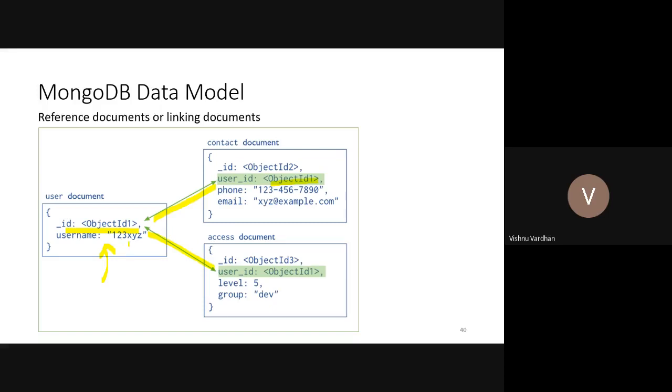Sometimes the data is more than you can put in a single document, and it has its own sense, so we should have a separate document. Then, to connect them in those scenarios, we put this underscore ID as a foreign key in the second document. In that way, we are referencing documents in the MongoDB data model.